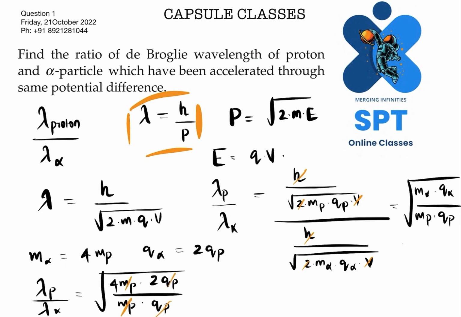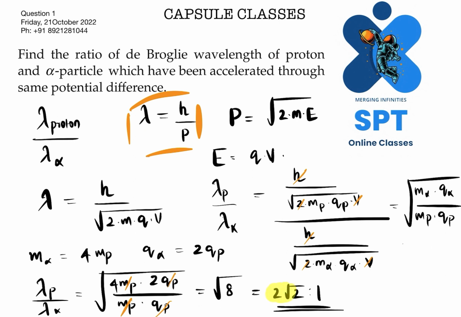Mass of proton will get cancelled, charge of proton will get cancelled. What's left is square root of 8. Square root of 8 is 2 root 2. So the answer is 2 root 2 is to 1. So that's the final answer for this question.